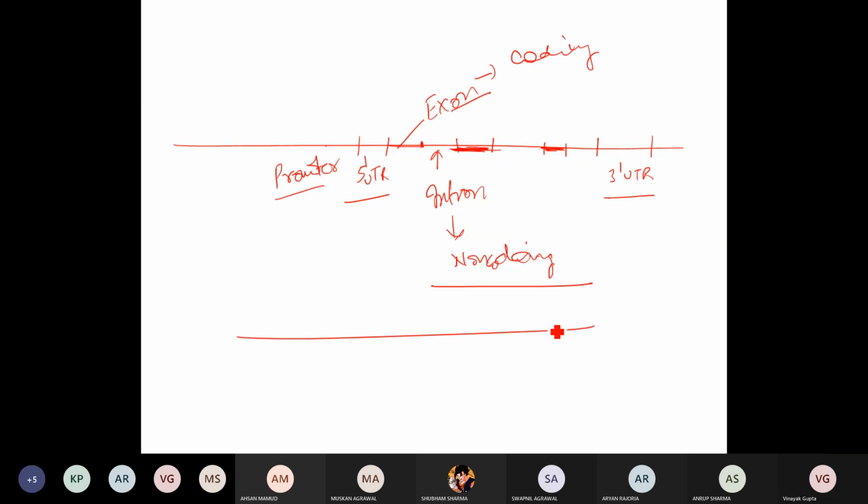Something like this. Here I'm just zooming into this region. Let's say here I have exon 1, then here it will be intron 1. After that I will have exon 2, intron 2, and this number is variable. There are certain genes which are going to have 10 exons, maybe 15 exons.